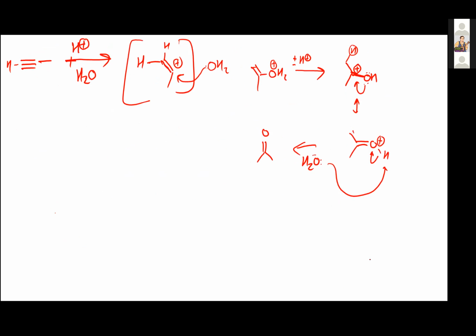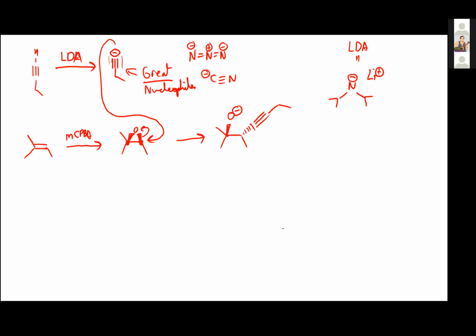Finish everything with butter. So what we would do is we would work this up with water. You always neutralize stuff once you've done everything you think you can. And so we get that.